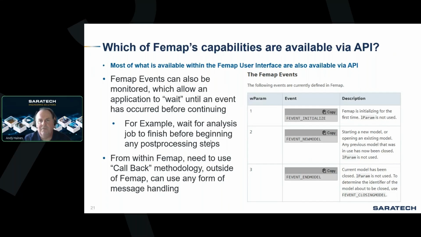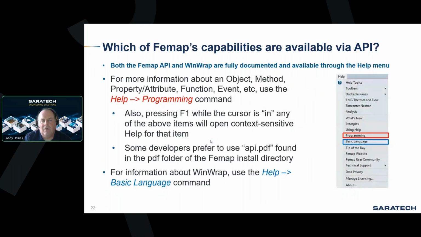There are a couple of different ways to do this. You can use the callback from within Femap's IDE, or you can use any form of message handling if you're using another programming language.